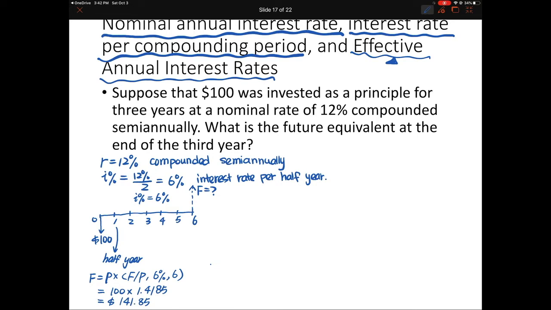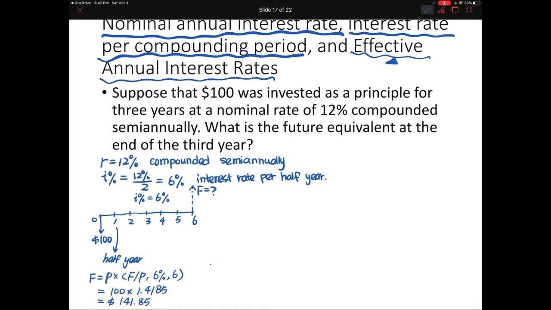Okay? And so now you may want to say, is it true that we couldn't use the R to calculate year by year? Okay, if you want to know this, we can try.